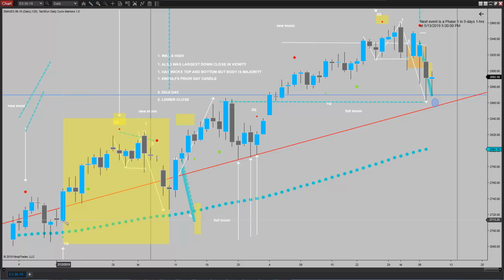There is a fairly large bull day, and then around the full moon day there's a second fairly large bull day. We get up into the third quarter phase. There's a pullback that also features a fairly large bear day, and then at the new moon we have a drop down with a fairly large bodied lower close day, followed by a low wick close almost near the top candle.